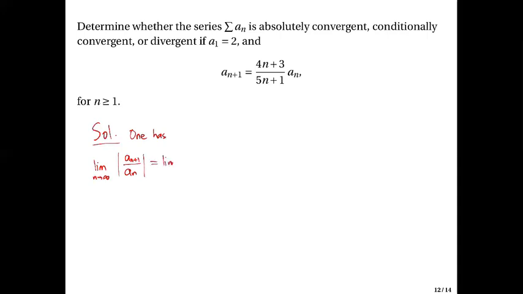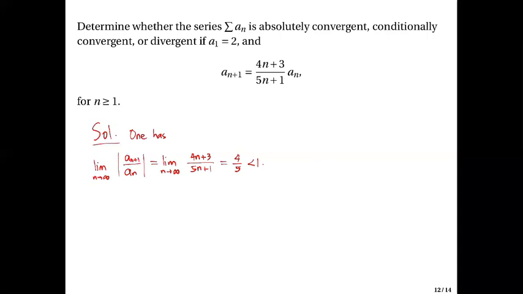If we plug in a sub n plus 1 over a sub n, we just divide by a sub n and get 4n plus 3 over 5n plus 1. As n approaches infinity, this is just 4 over 5. And again, this is less than 1.